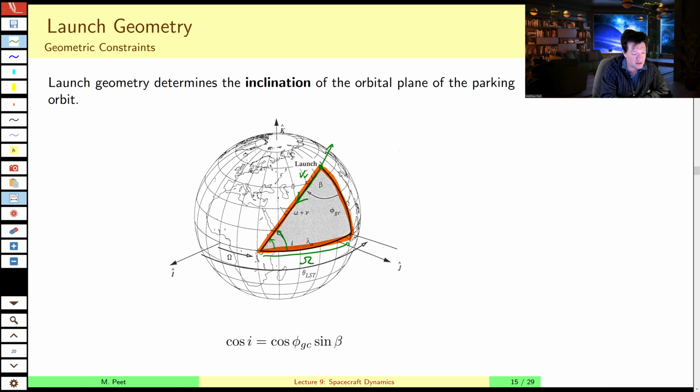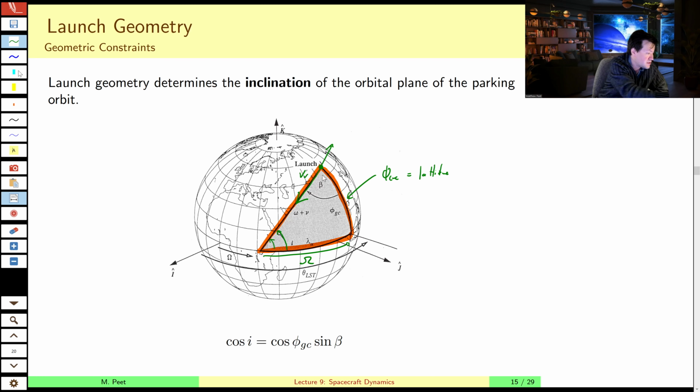So we have a sphere, or a shell, of radius 6378, centered on the center of the Earth. And these lines in spherical trigonometry are not lines at all, they're actually arcs. And we have certain angles that we can measure. So in particular, we have here the latitude, phi GC, which is the latitude of the launch site.